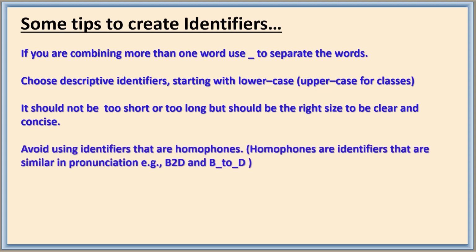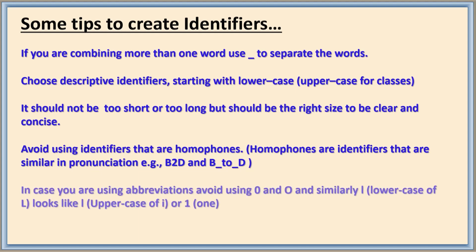Avoid using identifiers that are homophones. That means, for example, B, 2 in digit, and D. See, I mentioned here binary to decimal. The other one, B underscore TO underscore D. Both may be different, but when you read them they are similar. You can avoid giving these types of identifiers.